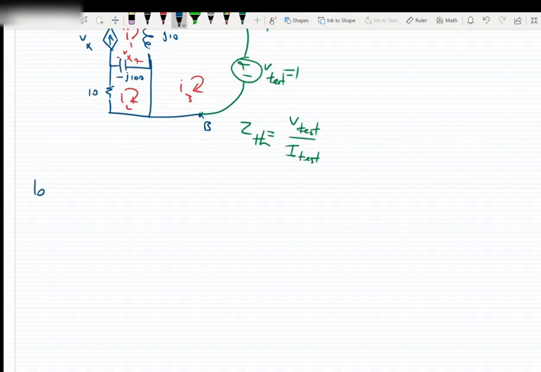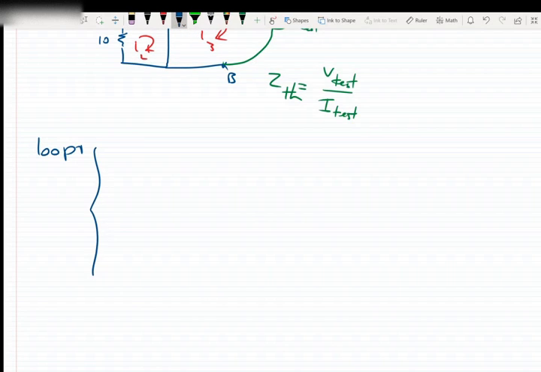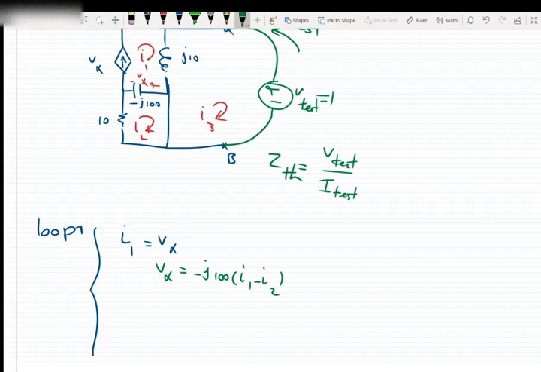Loop 1: as we did for V Thevenin, Vx is equal to negative J100 times I1 minus I2.